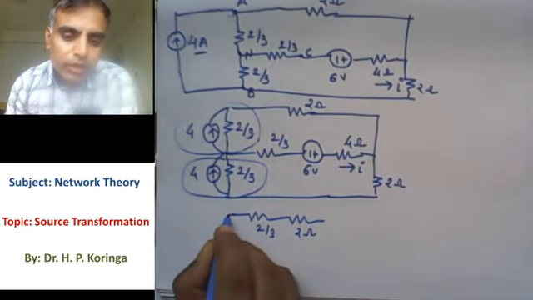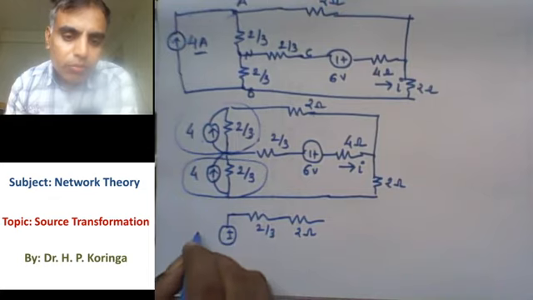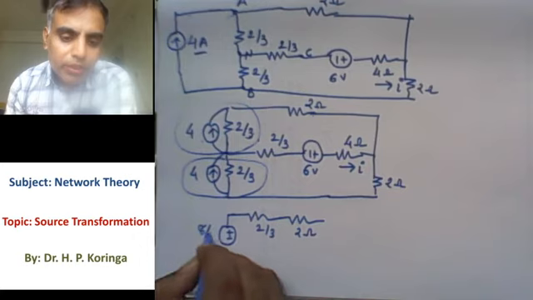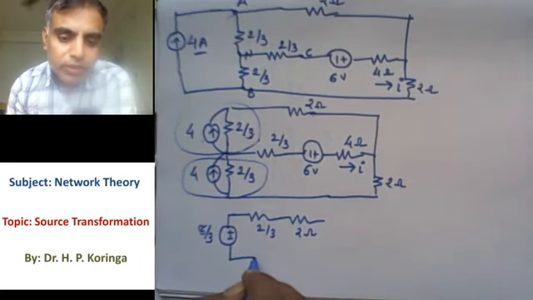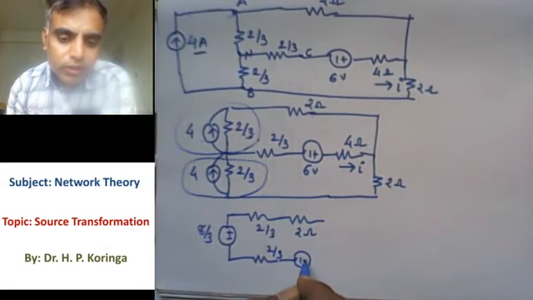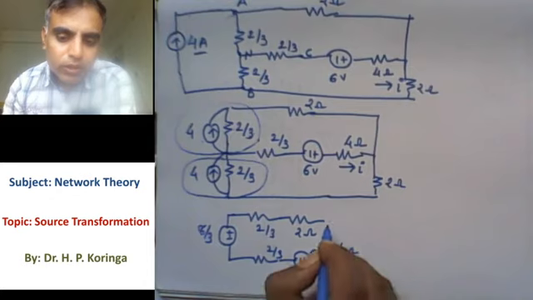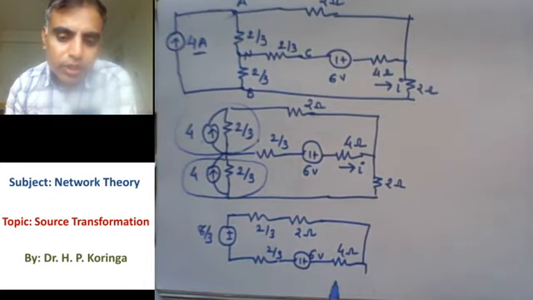The voltage source value is 4 multiplied by 2 divided by 3, so 8 by 3. Rest of the network is as it is.